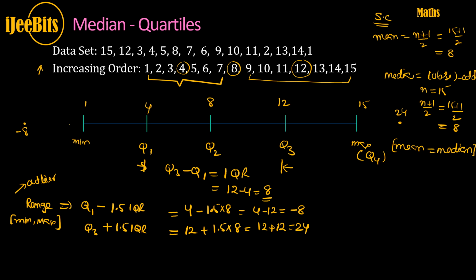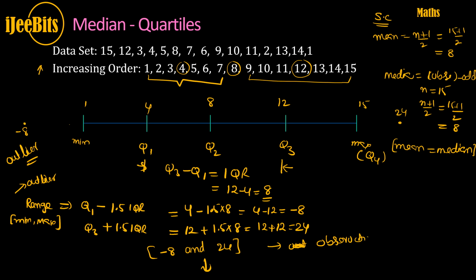Are you clear? Sometimes what happens is you can have sample data which is outside of the range, outliers. Am I pronouncing it correctly, outlier? So if the data sample is between minus 8 and 24, you can consider it.